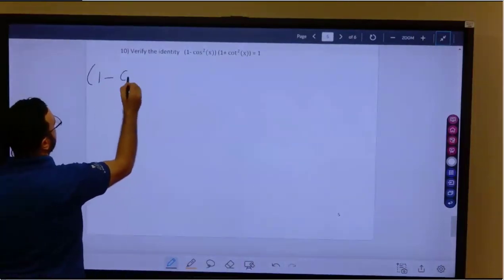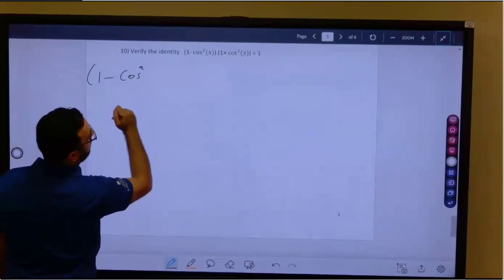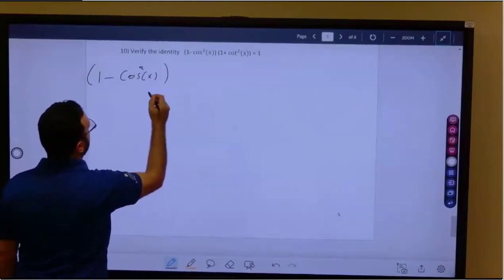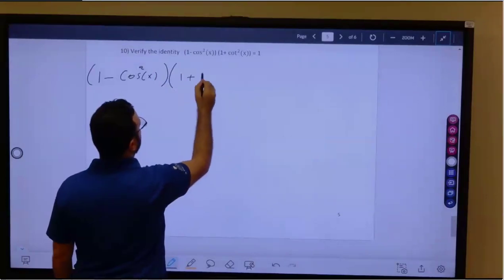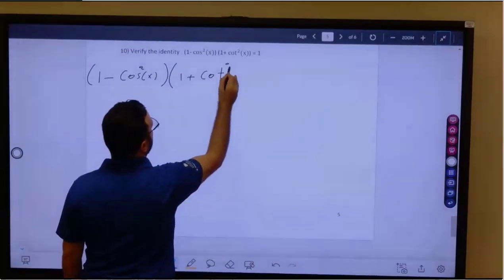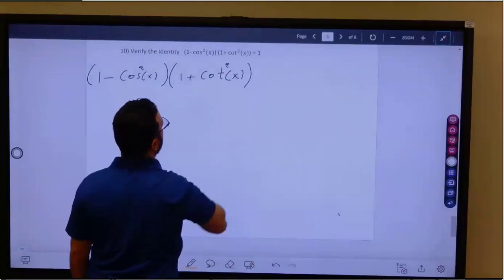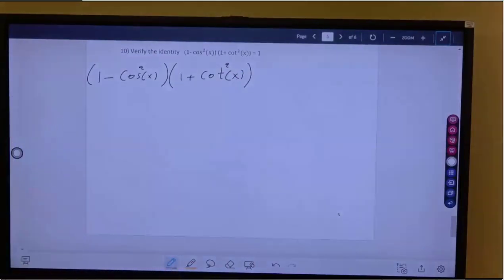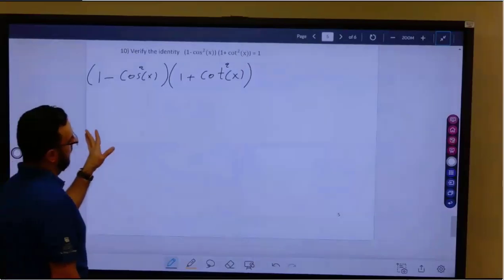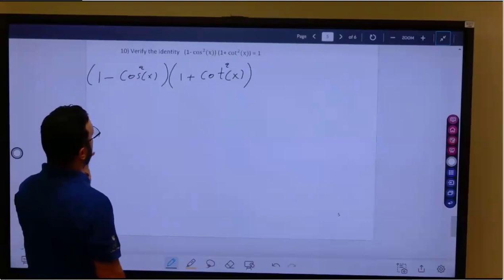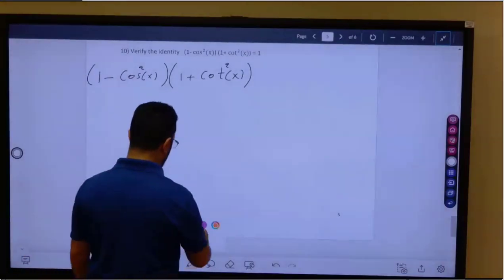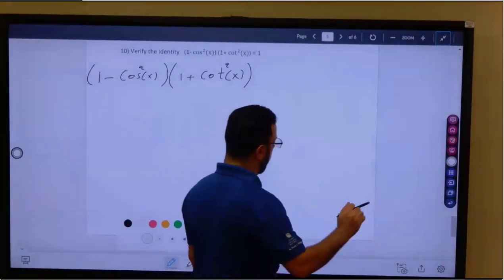So 1 minus cosine squared x times 1 plus cotangent squared x. Let's check how we're going to prove this. If you want to go ahead and try it, you have to figure out how to show this equals 1. But if you look at these identities, you're just going to use the normal way.